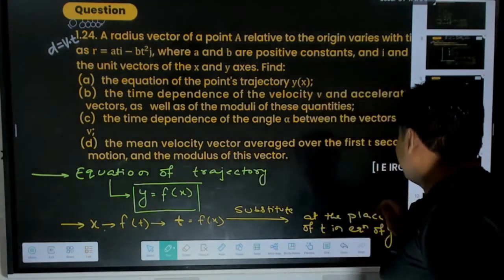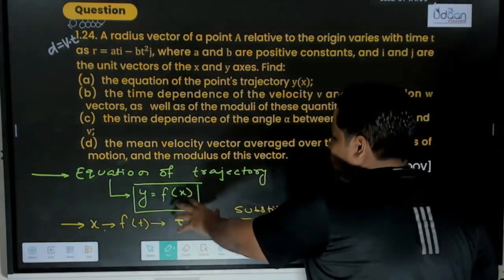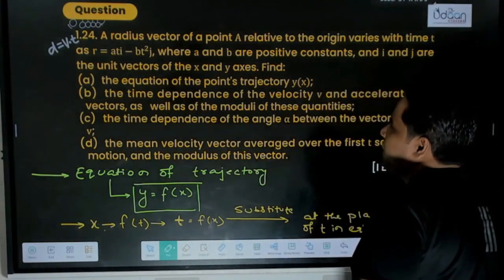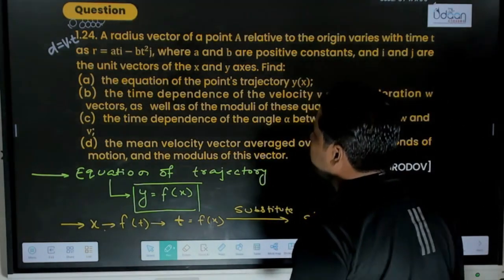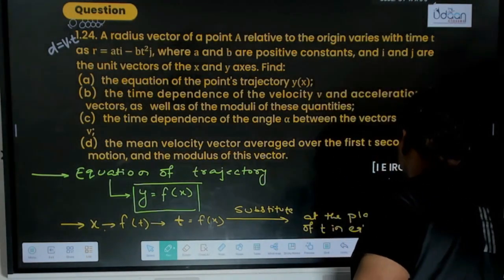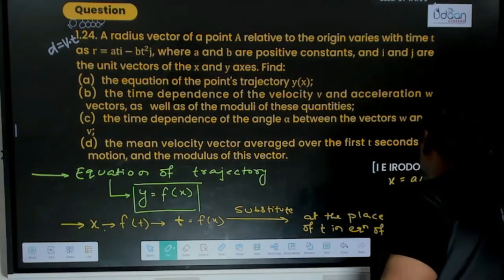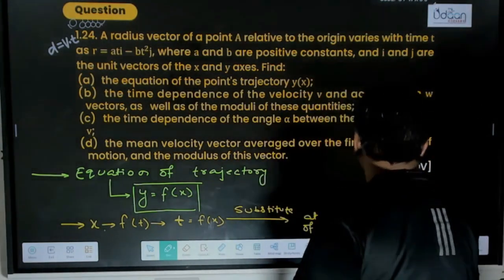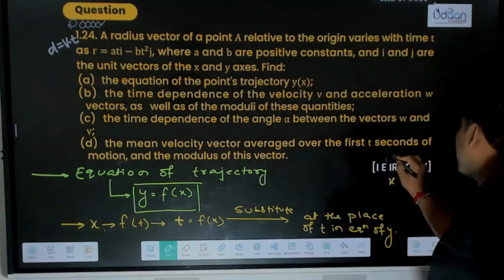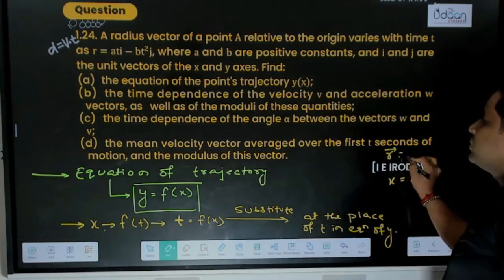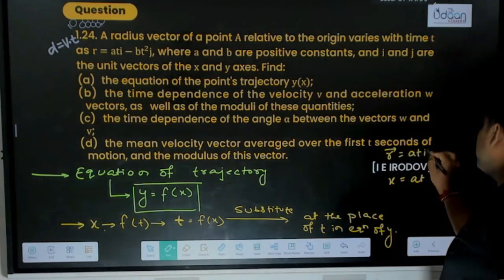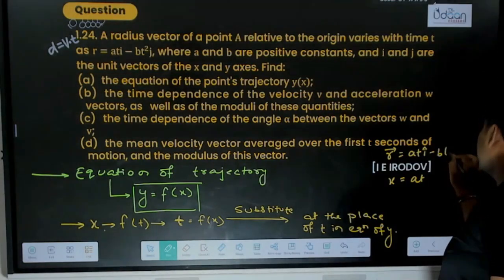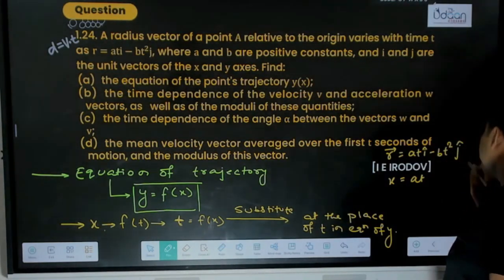So just see here. For this particular equation, if they are asking you, then what I am going to do, I can say x is equal to at. It has been given because r vector has been given as at i cap minus bt square j cap.